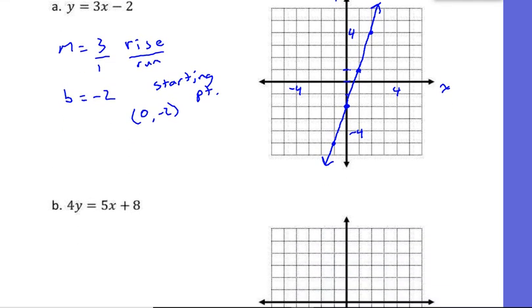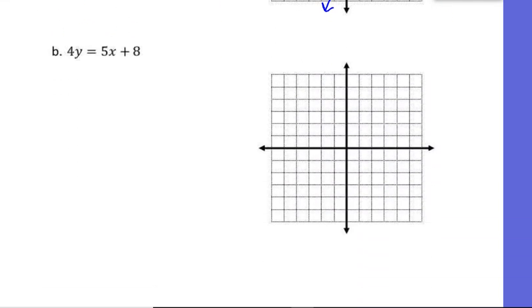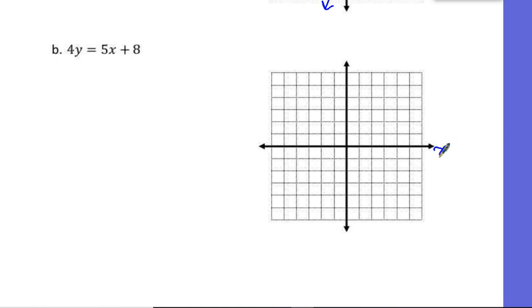First, example B. We want to first get this equation into that slope-intercept form, y equals mx plus b.